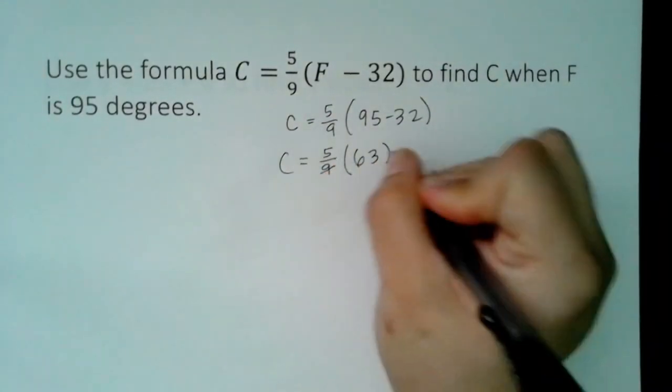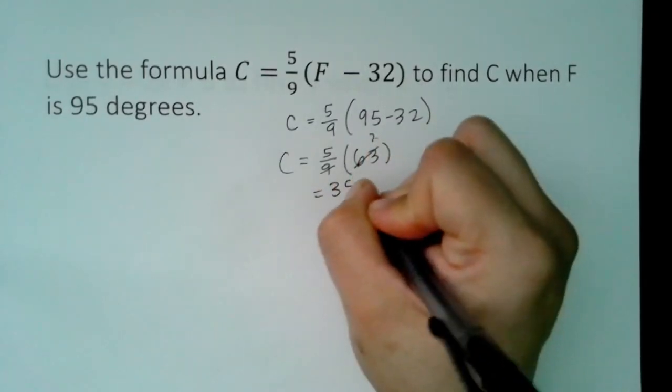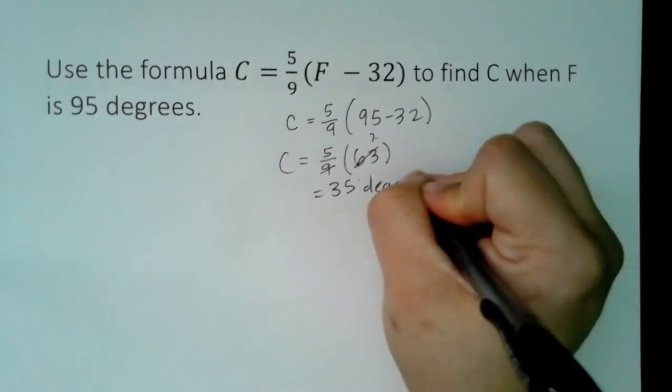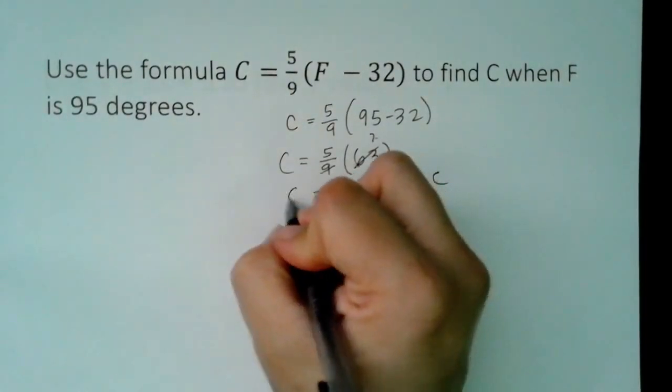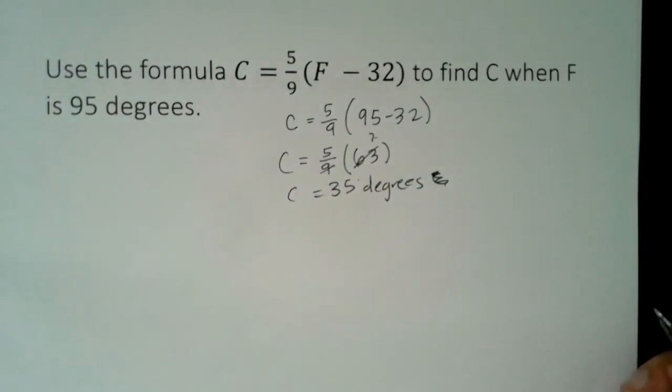So then this reduces to 7, so this is 35 degrees Celsius. Okay, that's basically it.